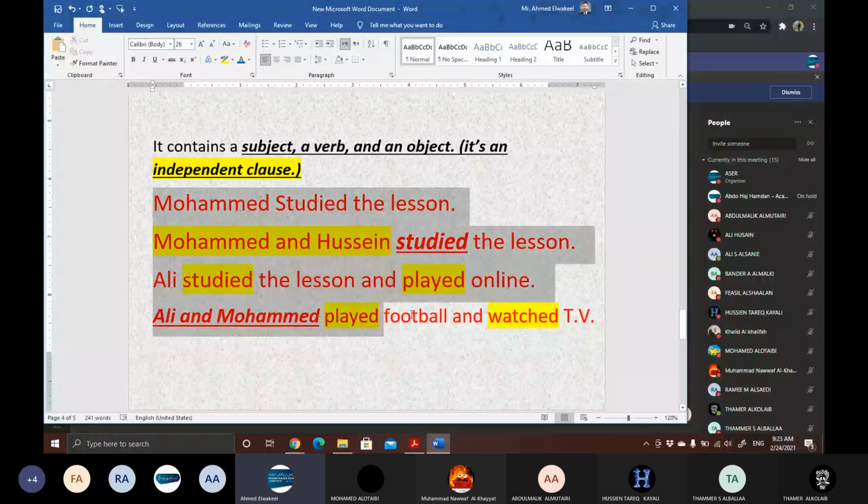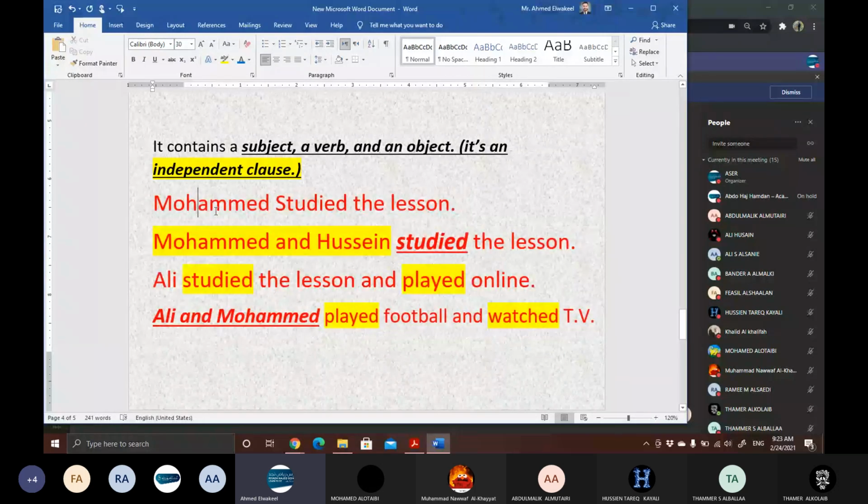All of these sentences in front of you are simple sentences: one subject performing one action verb, a compound subject performing one action verb, one subject performing compound action verbs, or one compound subject performing a compound verb. All of them still identify one action or one idea or one complete piece of information. So all of these are simple sentences.